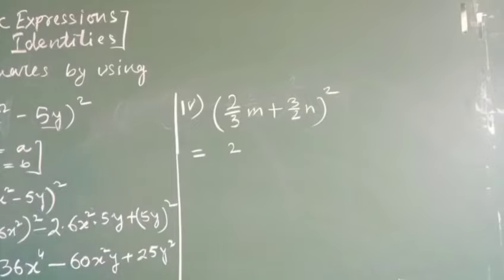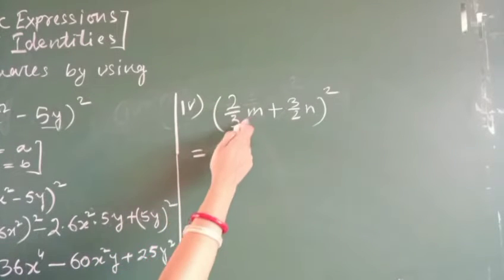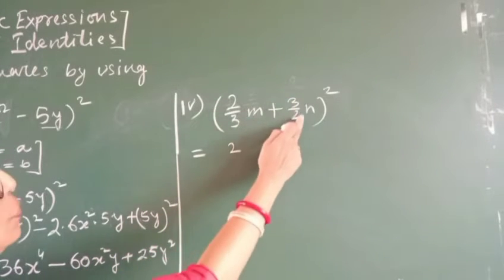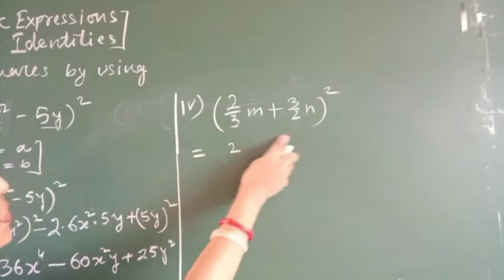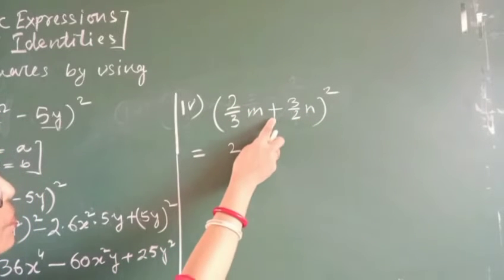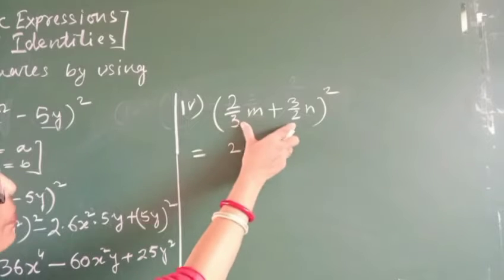So see the sum: 2 by 3m plus 3 by 2n whole square. We can consider it as a plus b whole square because plus is there and the square is there.